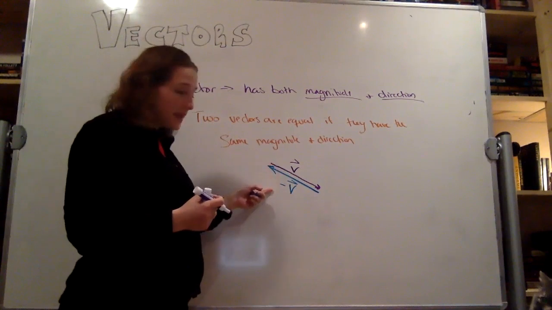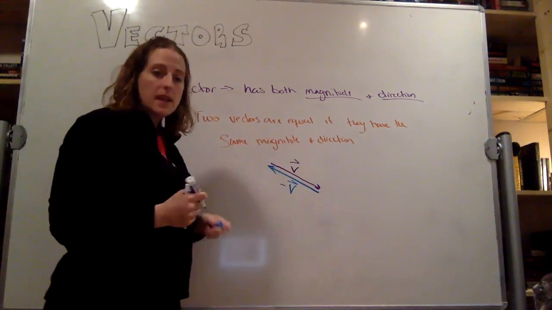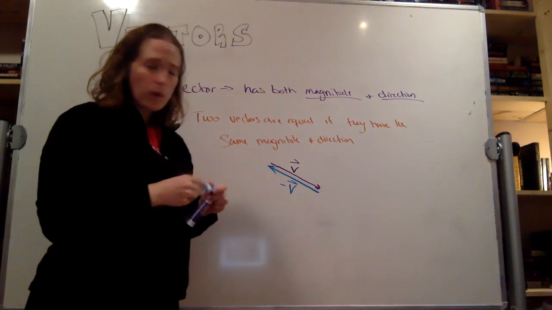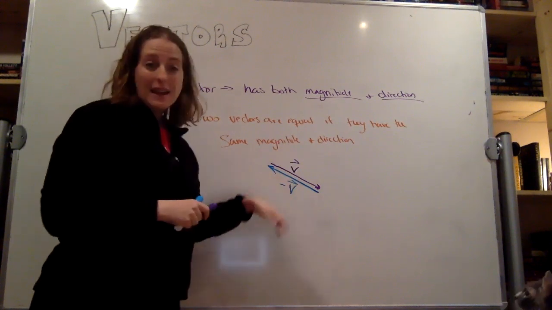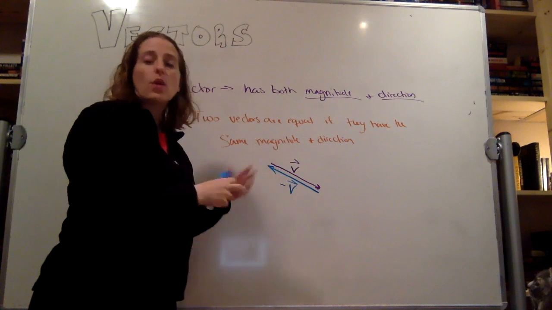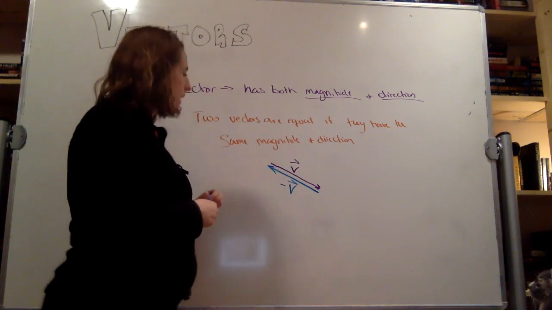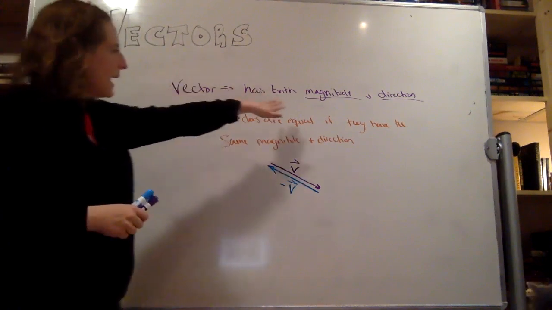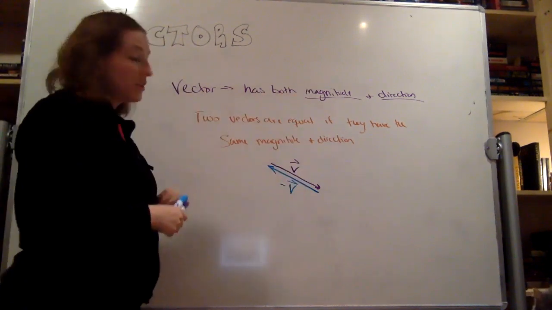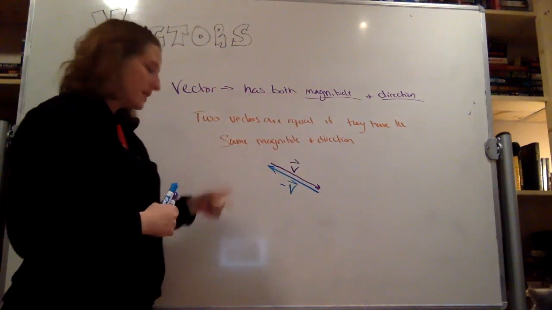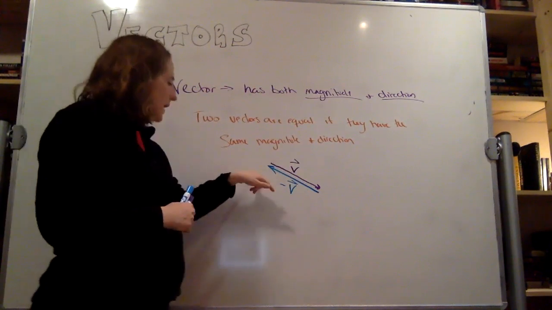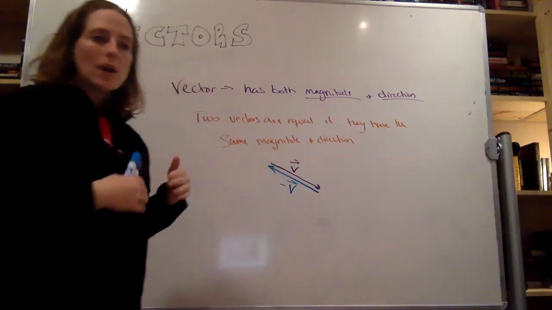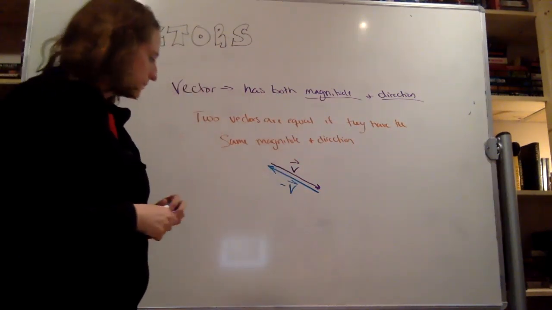These have the same magnitude, but they're opposite in direction. That's going to be important for us as we move forward, thinking about how we add these, subtract these, or scale these things. All right, so we've got a vector as a magnitude and direction. Vectors are equal when they're the same magnitude and the same direction. And then we have opposite vectors, which are the same magnitude, but go in opposite directions, okay?